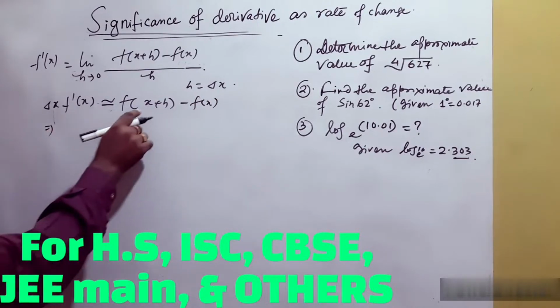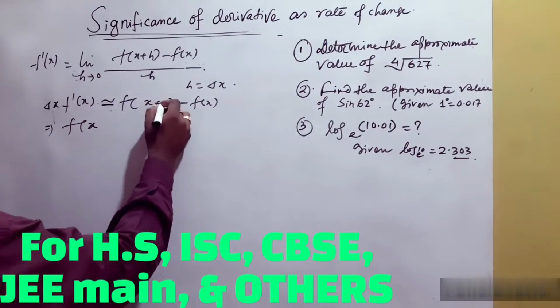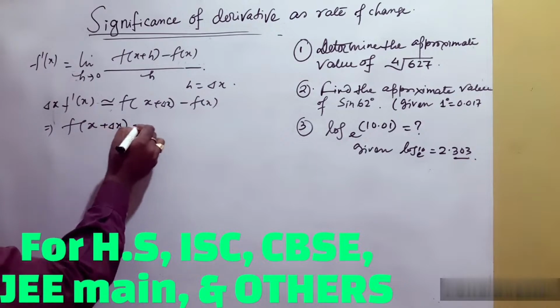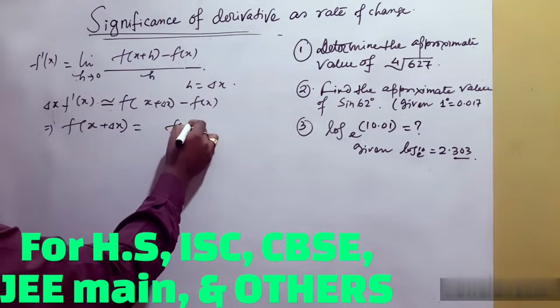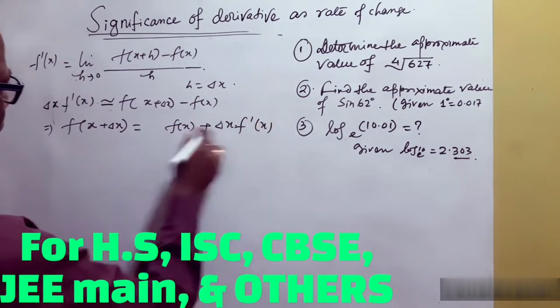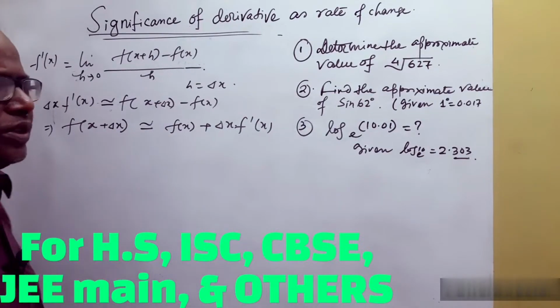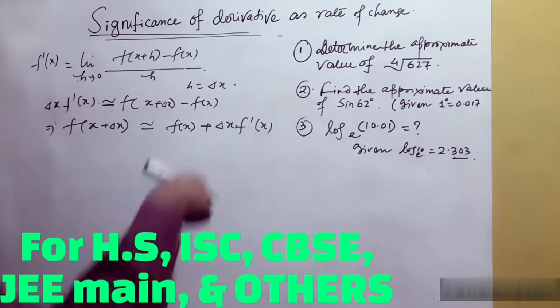So f of x plus del x is approximately f of x plus del x times f dash x. This is the formula which I want to use for finding the approximate value.